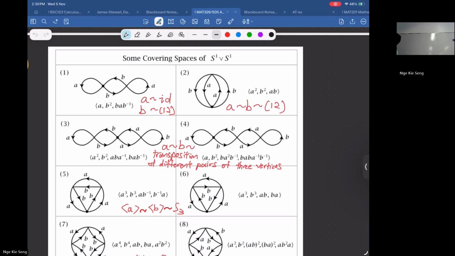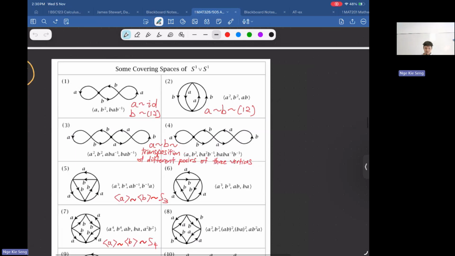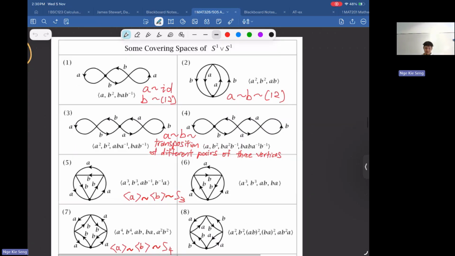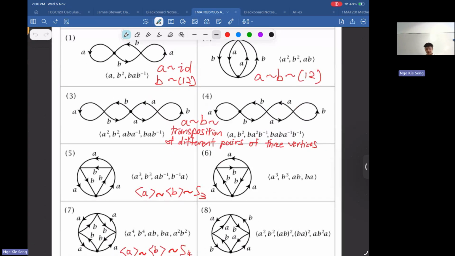Are they in S3? Let me see. Wait, let me think.